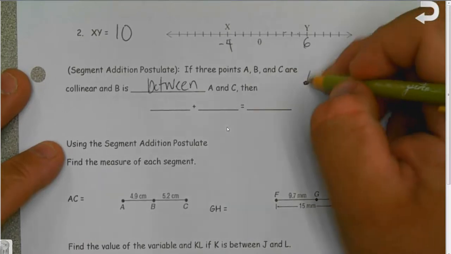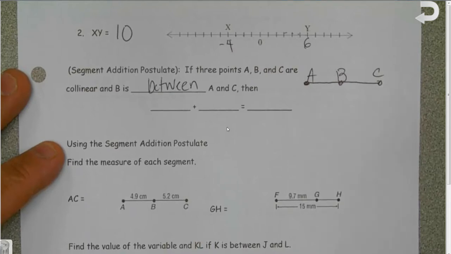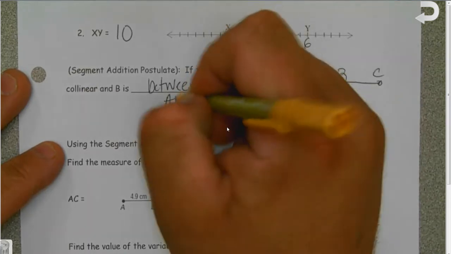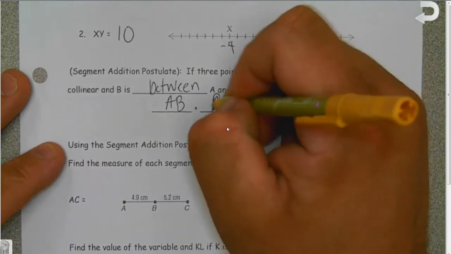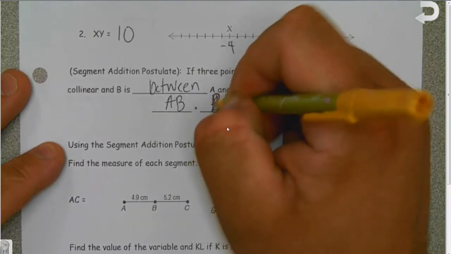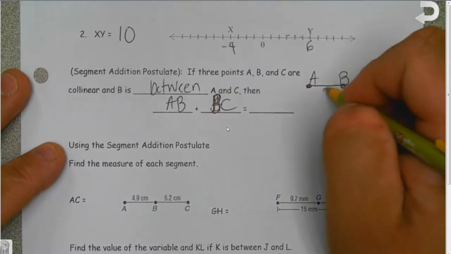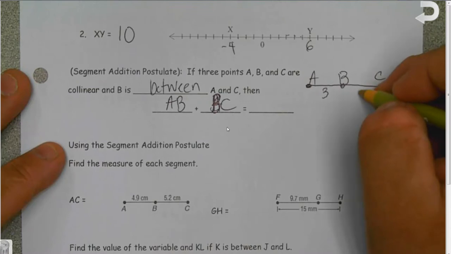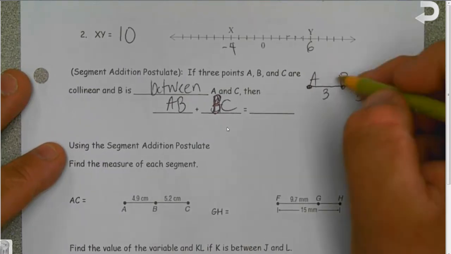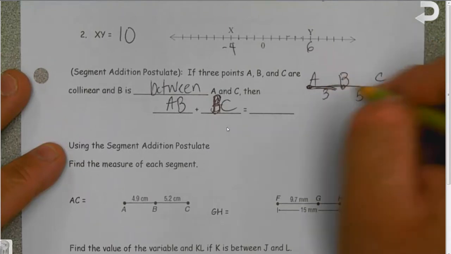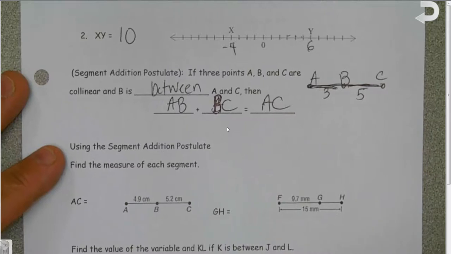If this is A, B, and C, then if I take AB and add it to BC, so if this is 3 units and this is 5 units, when I add them together, I'll get 8. Well, it's the same thing. If this is AB and this is BC, when I add them together, I get whatever AC is.